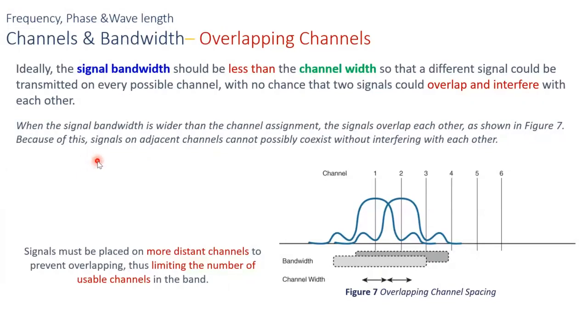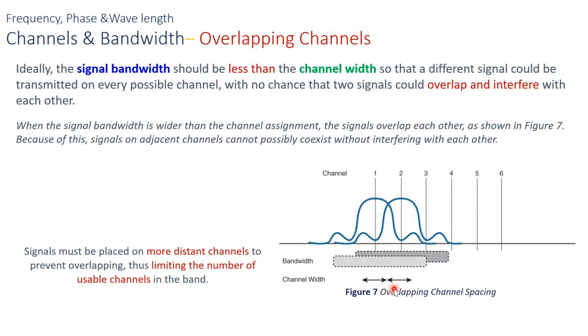Because of this, signals on adjacent channels, channel 1 and channel 2, cannot possibly coexist without interfering with each other. I cannot send a signal on channel 1 and also use channel 2 for transmission, because the signal bandwidth is higher than the channel width.